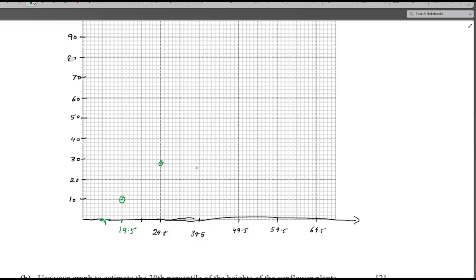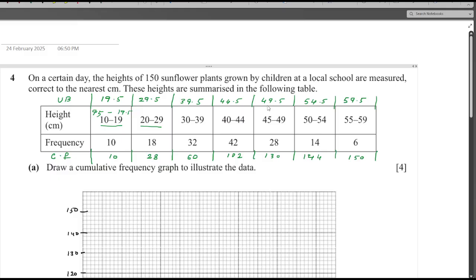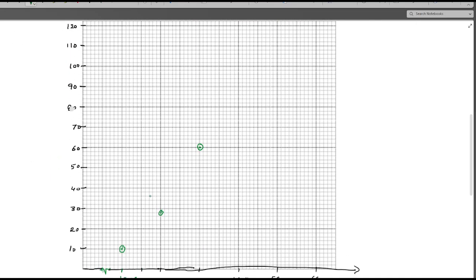For 44.5, it is 102, so 102 is this point.